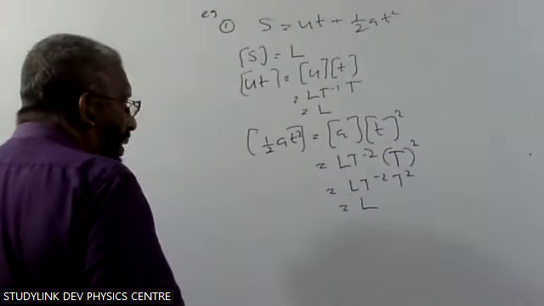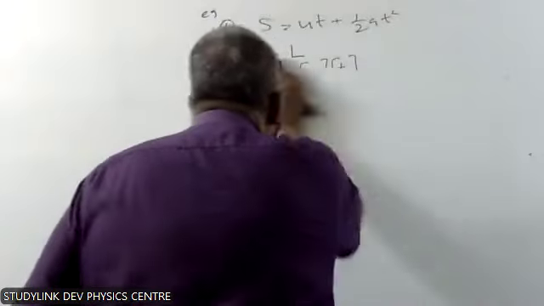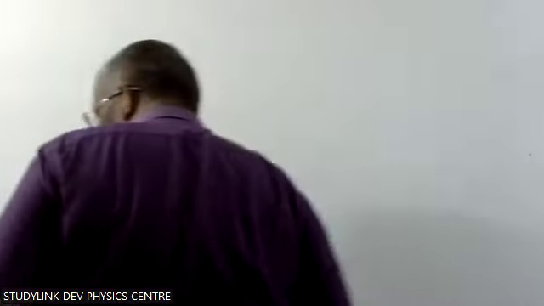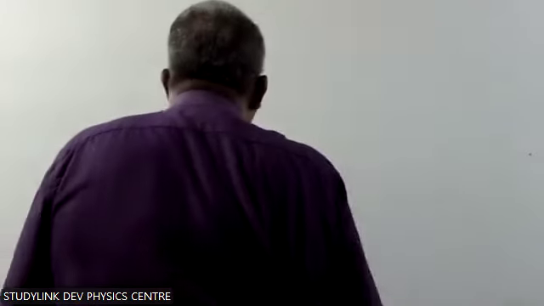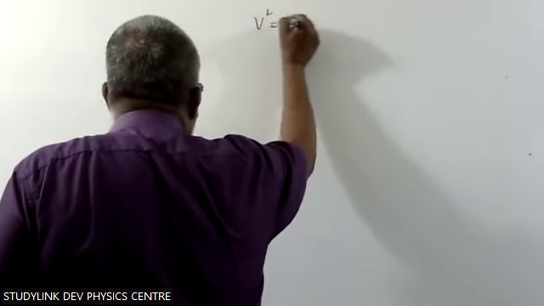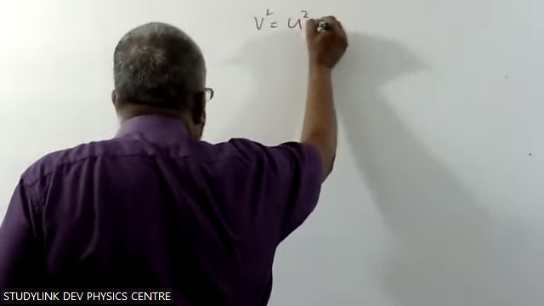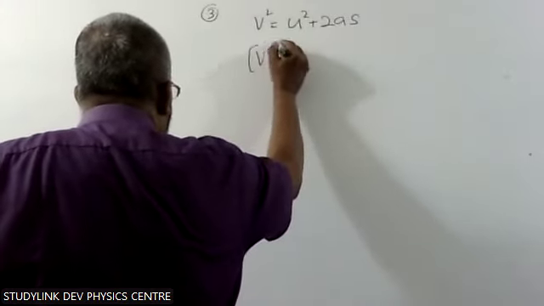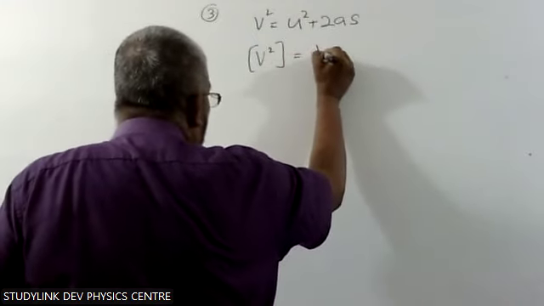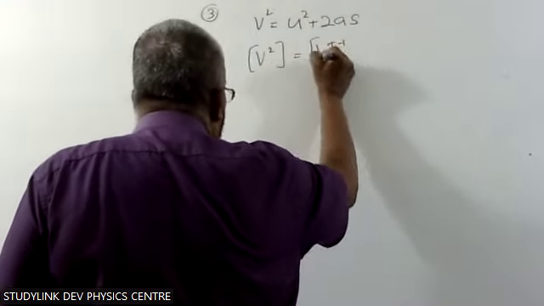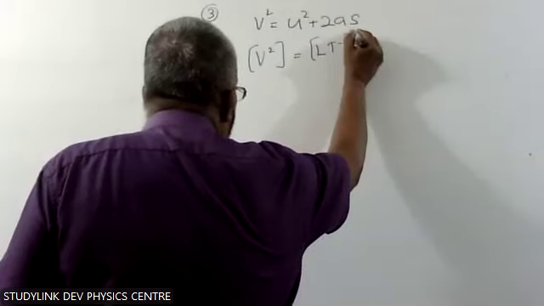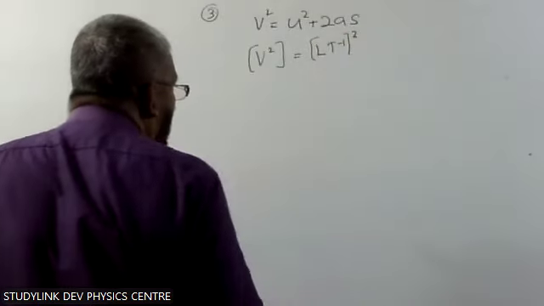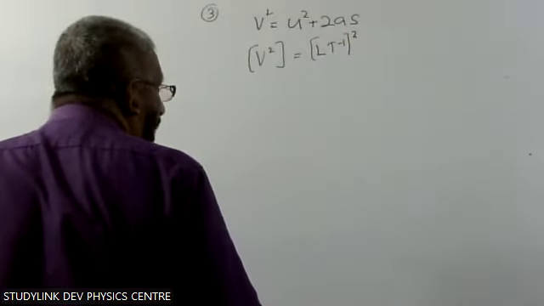Right. Now next example. V squared is equal to u squared plus 2as. Third example. Then dimensions of v squared, that is equal to LT minus 1 to the power 2.